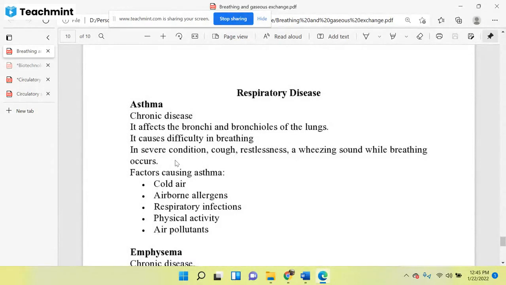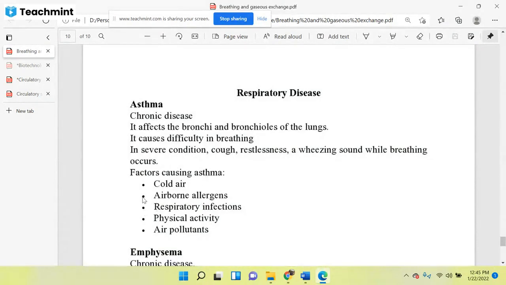So these are the symptoms, and when we see the cause of this asthma, it may be caused by cold air. Means in the winter season you must have seen that persons who have the disease asthma are affected more in the cold season. So cold air will enhance the asthma. And the second factor, airborne allergens.